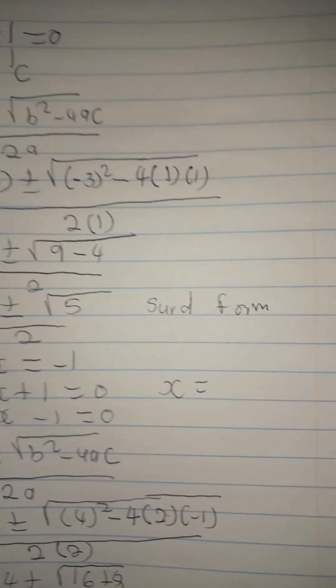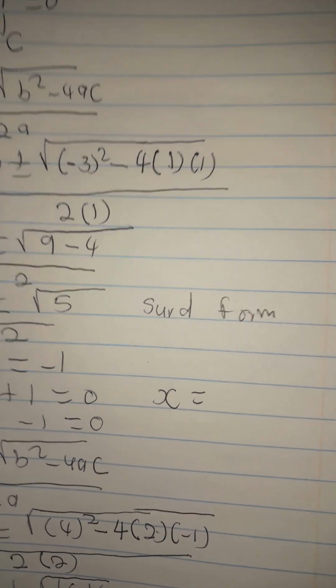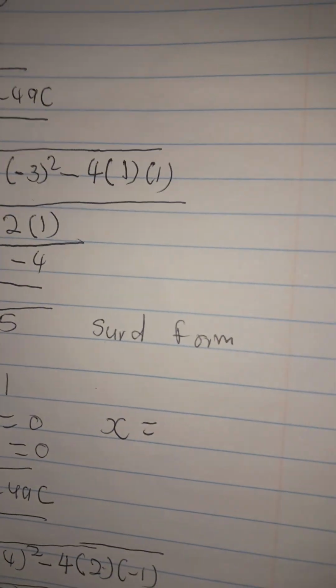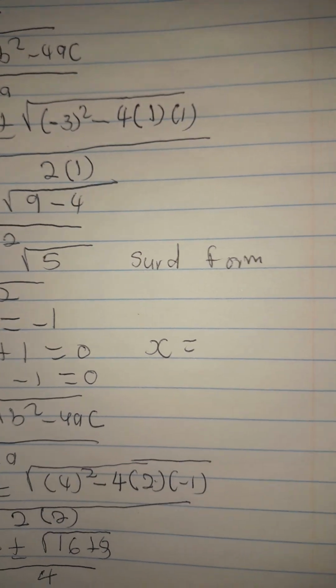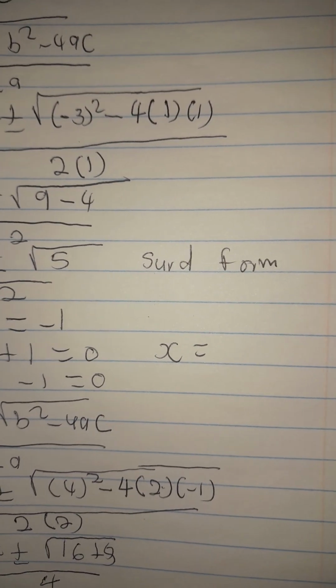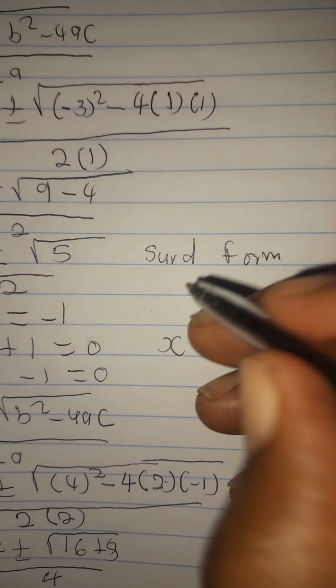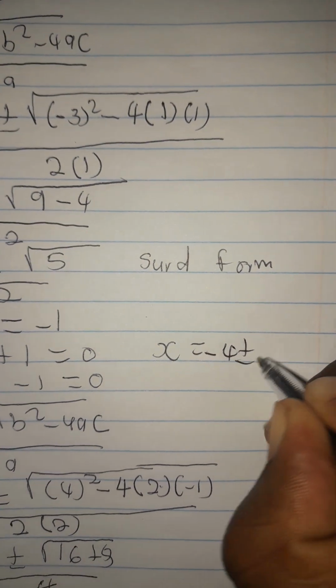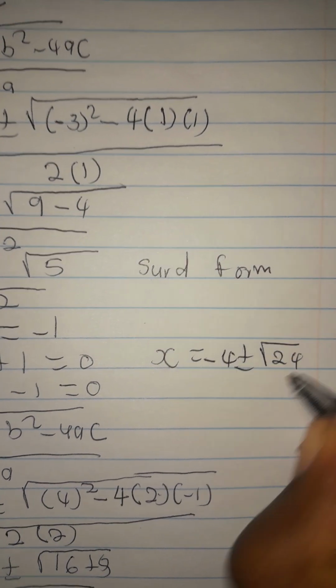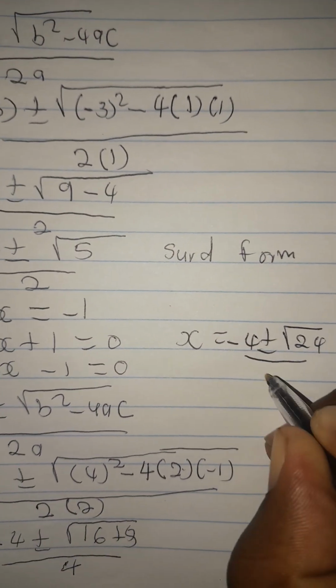Let's work out what is inside. 16 plus 8 gives us 24. So we have negative 4 plus or minus the root of 24, divided by 4.